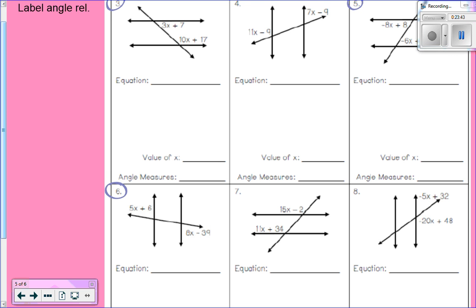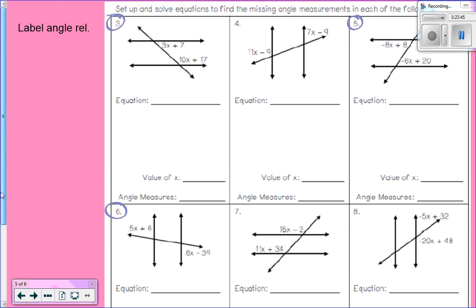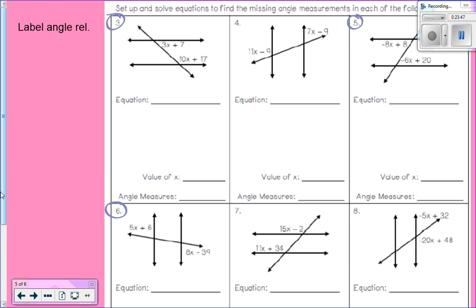Agree with that? 3, 5, 6. And then we'll check our answers. Notice that they start off with the equation that's identifying that relationship. And then you have to find the value of x to determine the angle measure. They want both measures.